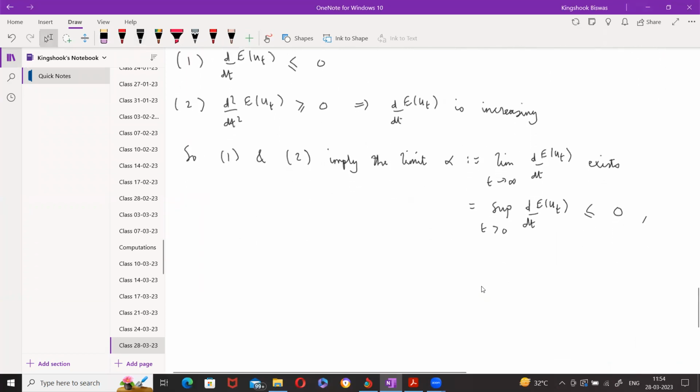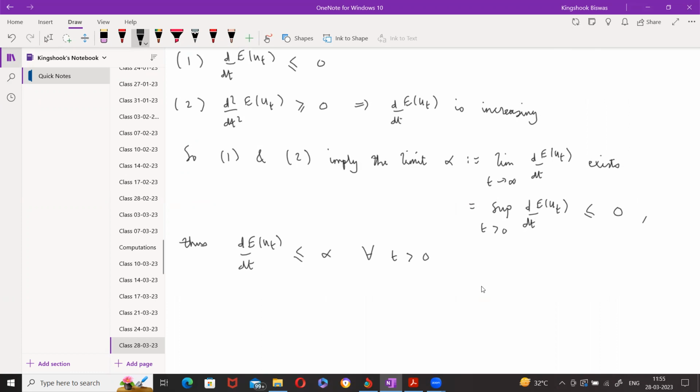So thus we get that dE(u_t)/dt is less than or equal to its supremum, which is alpha. So this is less than or equal to alpha for all t, right? So what does this mean?